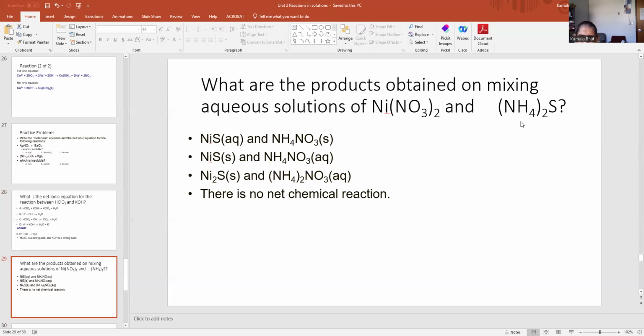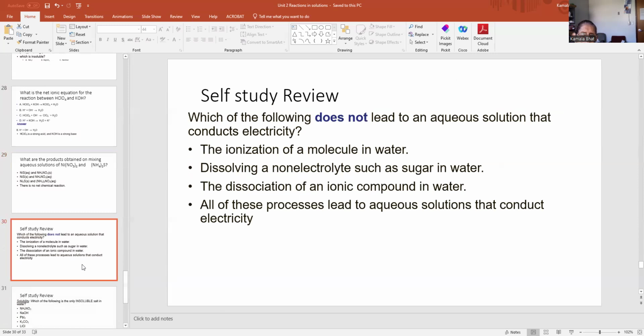Look at the solubility chart. This is an exchange reaction. Again, all ammonium salts are water soluble. So look at the nature of nickel sulfide and then decide what kind of product you would get.